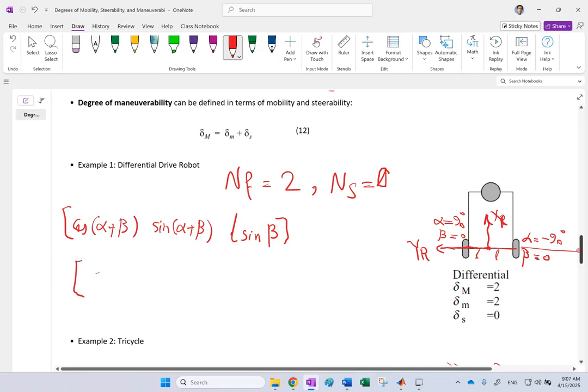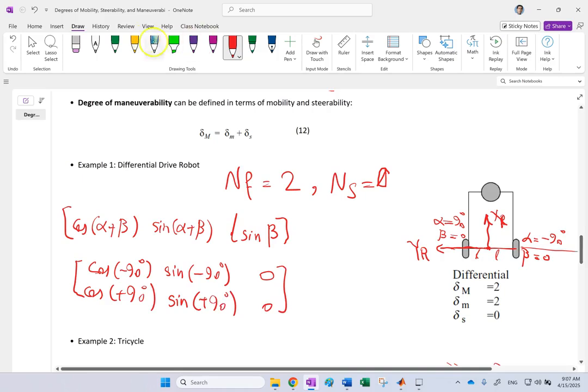So if we form this 2 by 3 matrix, for the first one it is going to be cosine of negative 90 degrees, sine of negative 90 degrees, and 0, because sine of beta is 0. Then we have cosine of positive 90 degrees, sine of positive 90 degrees, and again 0.